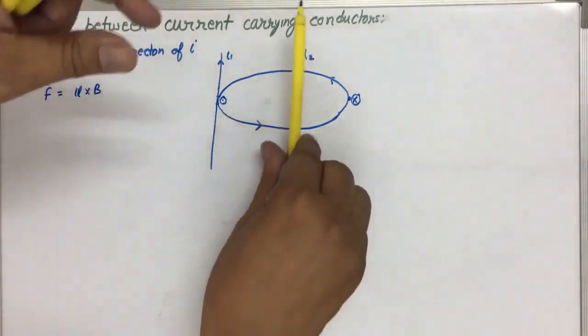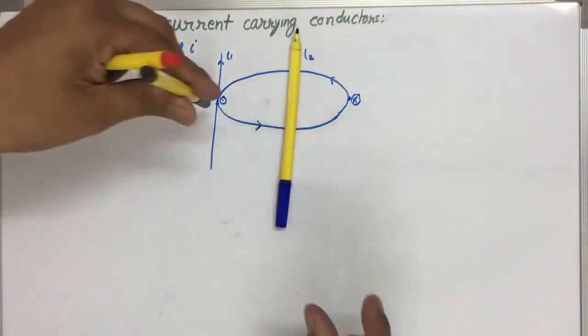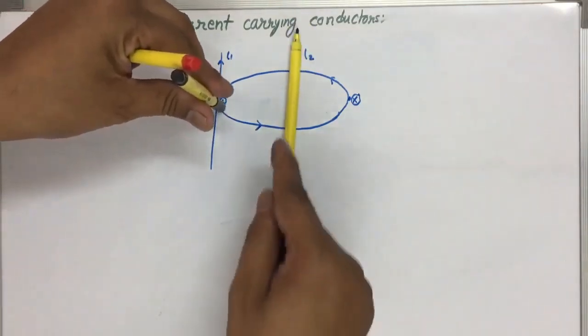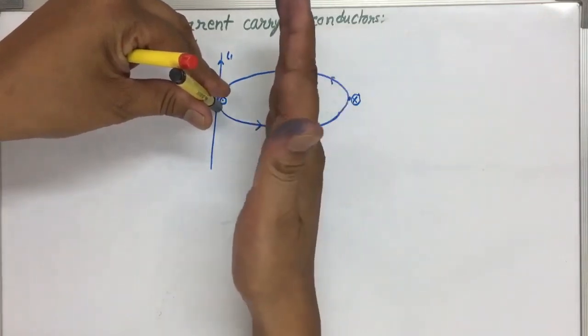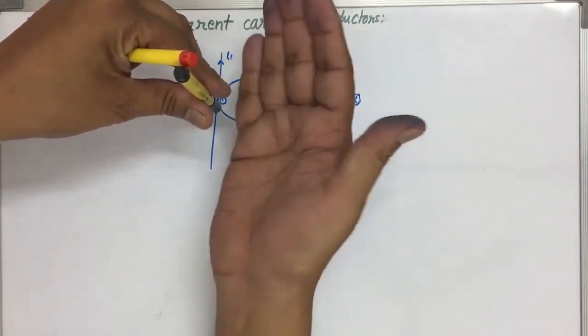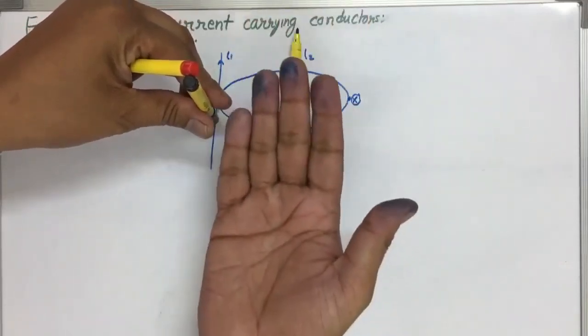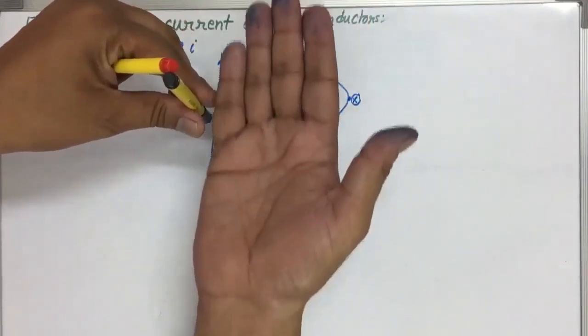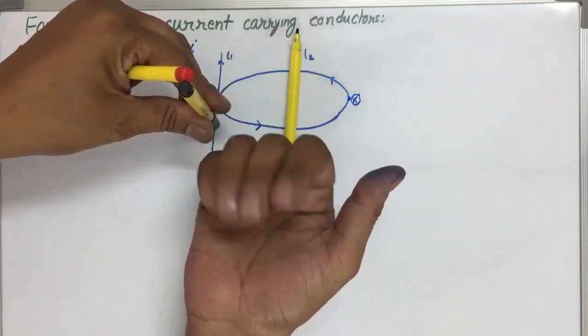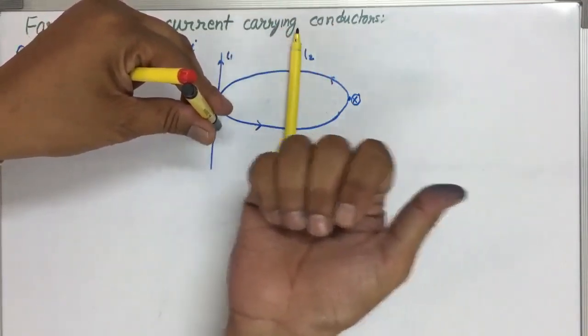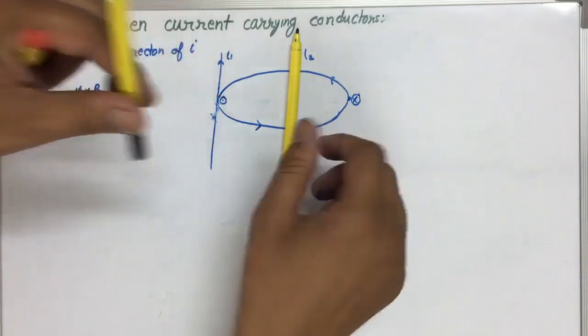Then I is here, B is here, I dl cross B. See my finger, this is I dl and B is up, so the cross product will be in the right direction.